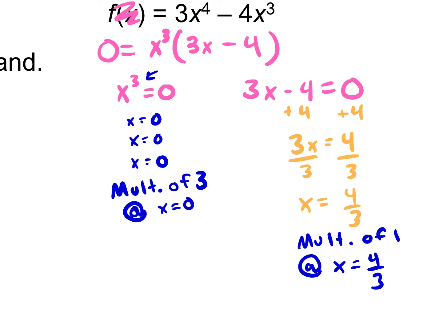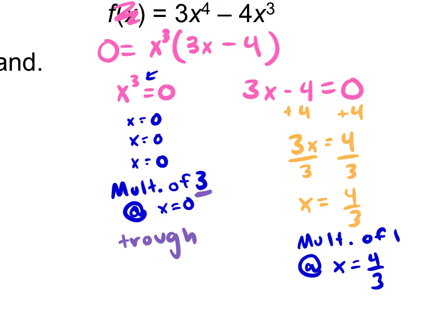So we said when we have odd multiplicity, our graph goes through that point. So what do you think at 0? Is my graph going to touch and turn or go through? Is 3 even or odd? 3 is odd because it has a multiplicity of 3. It goes through this point.